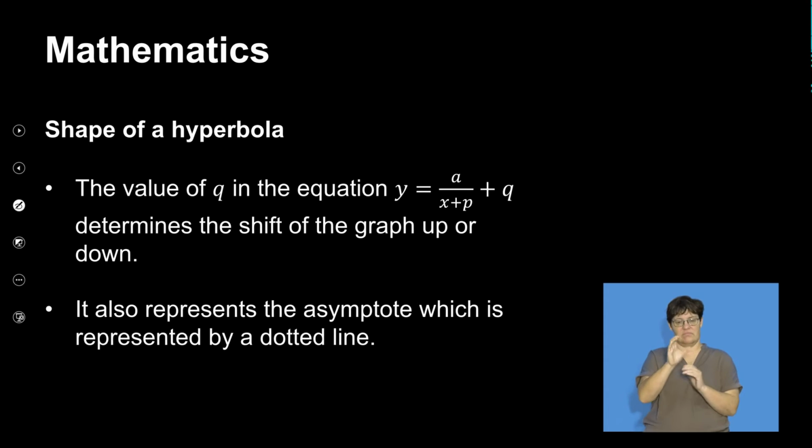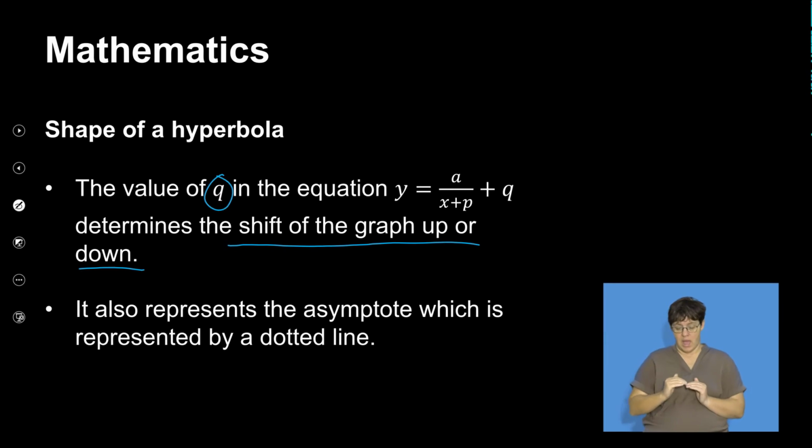Now, the value of Q, which is the asymptote, determines the shift of the graph up or down, right? It also represents the asymptote, which is normally represented by a dotted line.